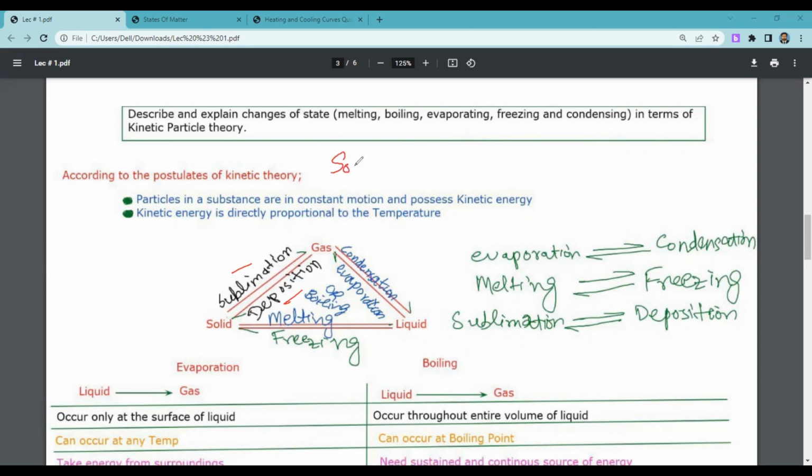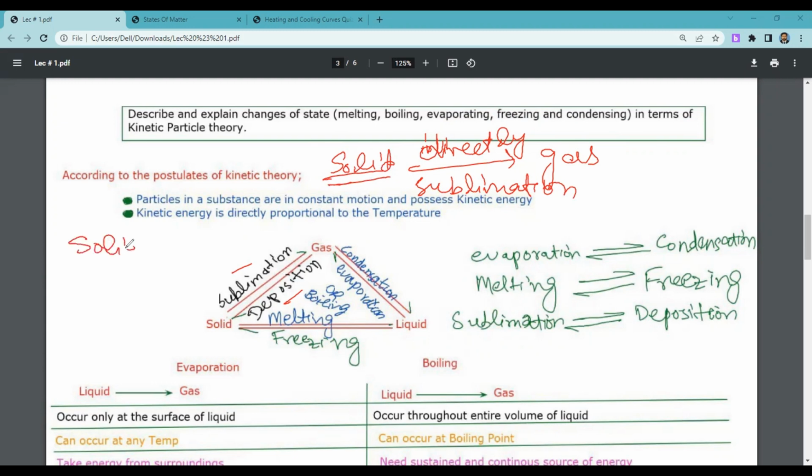If a solid is directly converted into gas, this phenomenon is called sublimation. We can see that a solid is usually first converted into liquid, then a liquid is converted into gas.